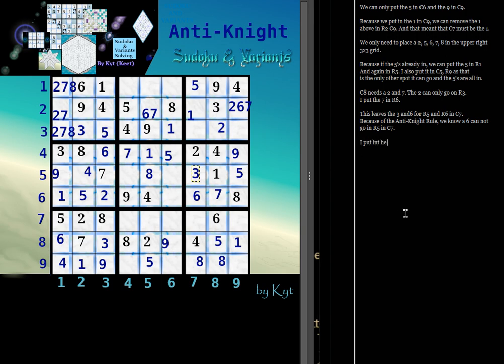So I put in the 3 and the 6. This leaves row 6 with only the 3 to put in.